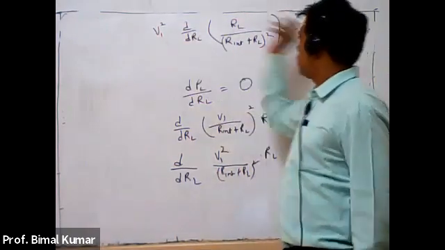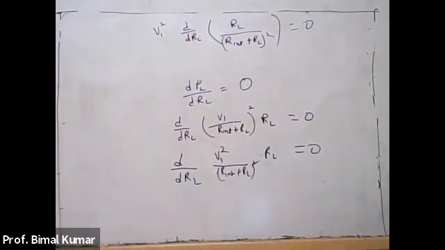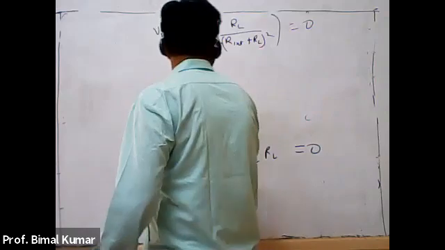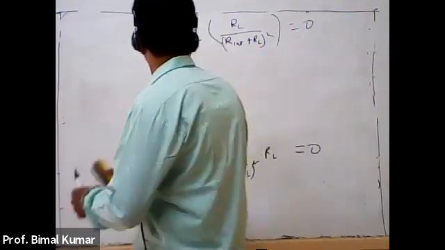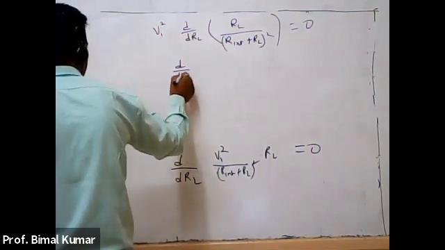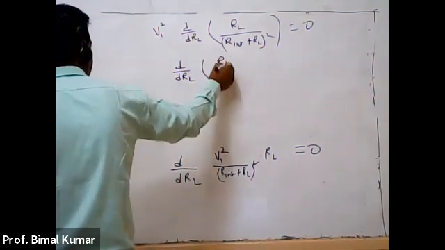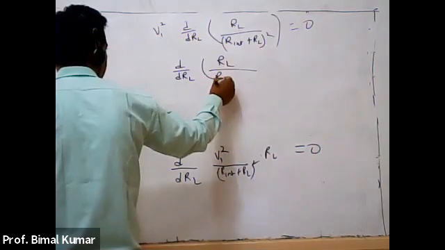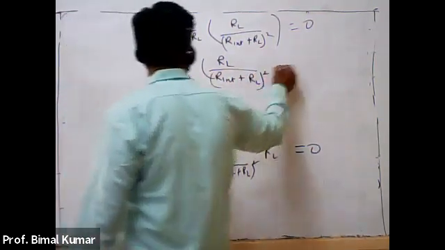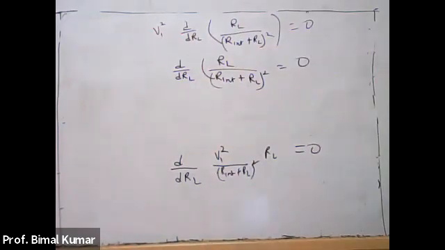So this V1 square will be moved to the other side and that will become 0. So this equation will become d by dRL of RL divided by R internal plus RL, its whole square is equal to 0.